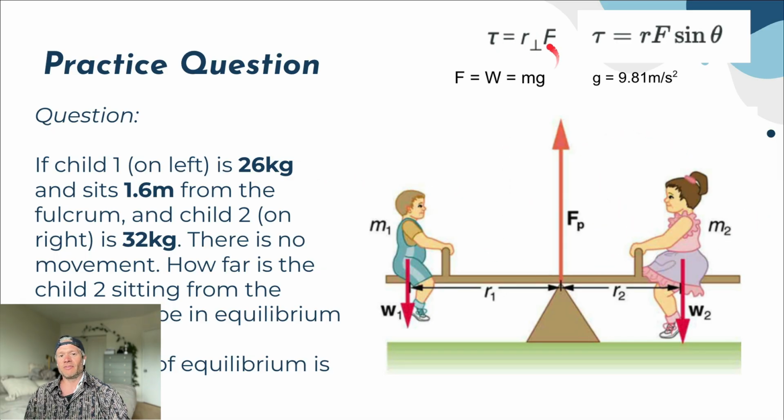So the only missing value I have really is the force. I know the force is mass times gravity. So I have the mass, so I can calculate the weight force for this individual, but I don't know the R value. How far out is she from the center pivot point, right? I don't know.